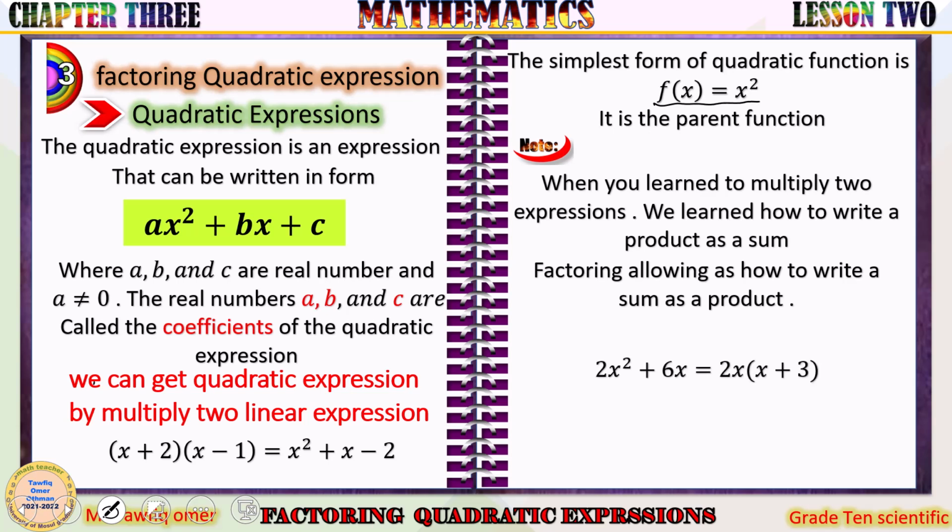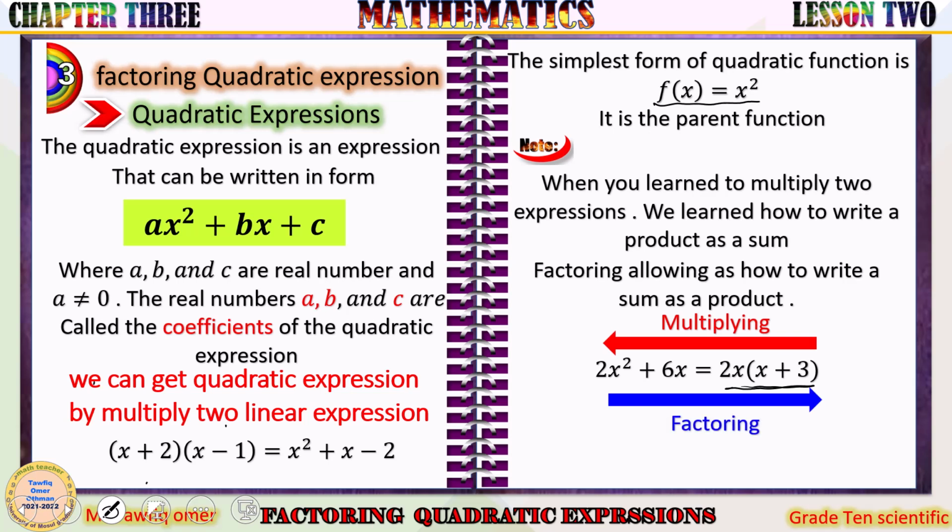As you can see here, if the product is given and we want to write a sum, we must multiply these two terms. But if the sum is given and we want to find the product, we must factor the sum.